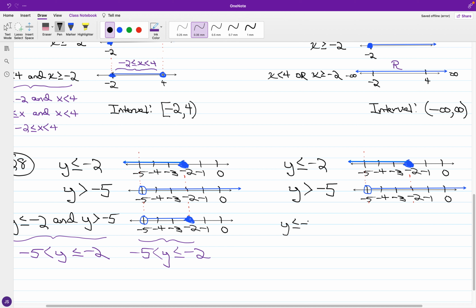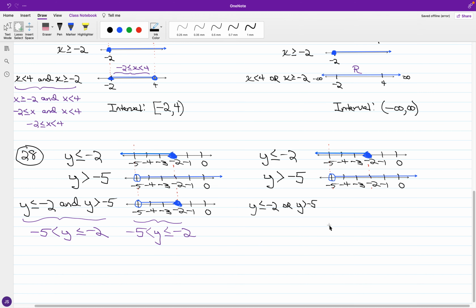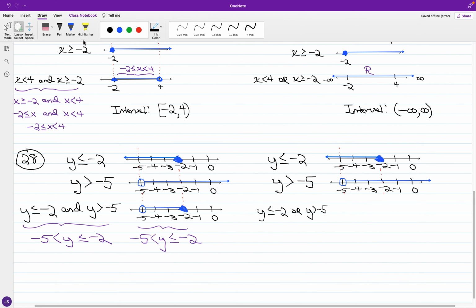And once again, for what we have with the statements, so I've got y is less than or equal to -2, or y is greater than -5. So everything from both the inequalities will be graphed.